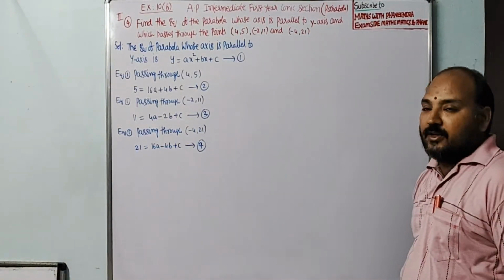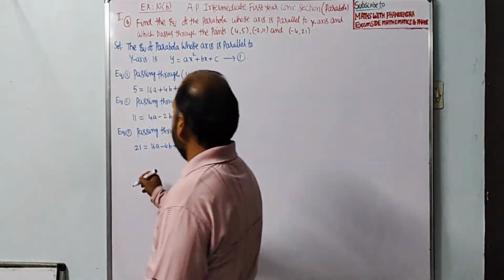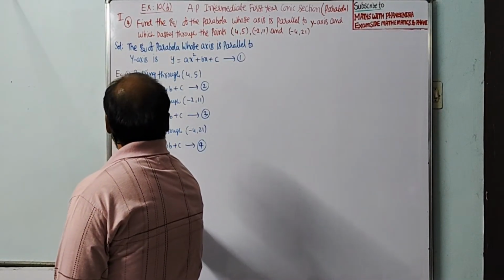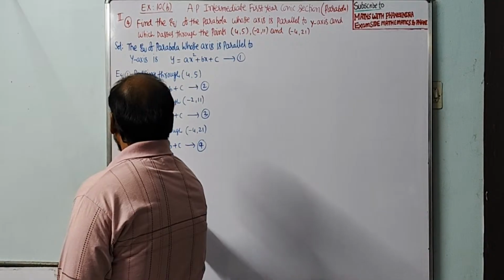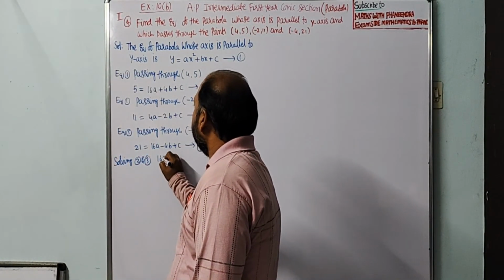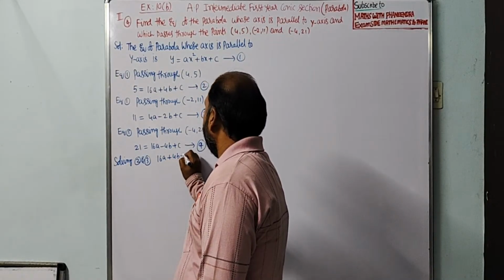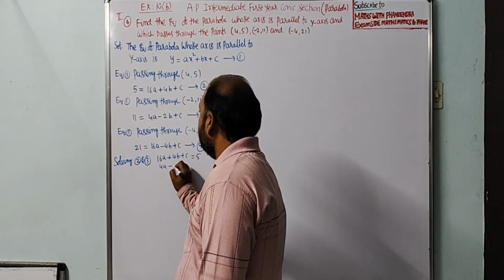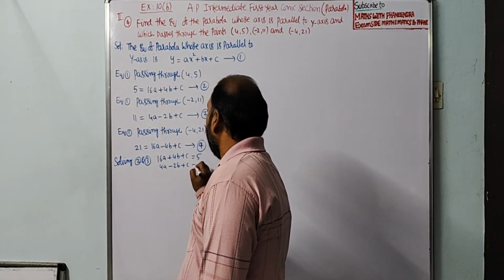Okay. Anyway, solving equations 2 and 3. 16a plus 4b plus c equal to 5. 4a minus 2b plus c equal to 11.